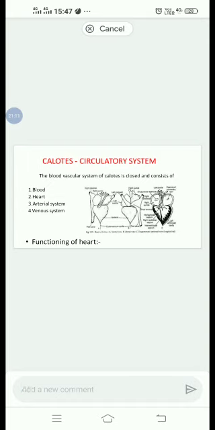The left and right auriculoventricular apertures are bordered by auriculoventricular valves. The lobes of these valves are attached to the columnae carneae by thread-like muscles, the chordae tendineae.